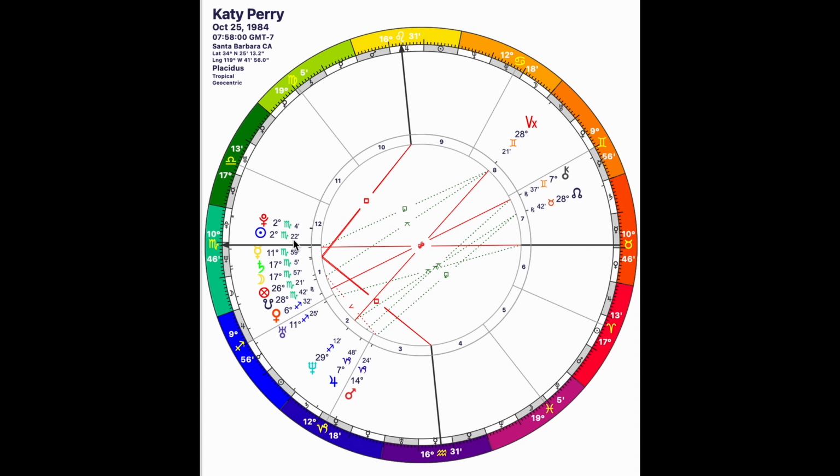Powerhouse chart though, triple Scorpio, ten exclamation points. Do I know exactly what's going to happen? No, but my thesis on this is it's happening publicly, and please don't sue me or come after me.